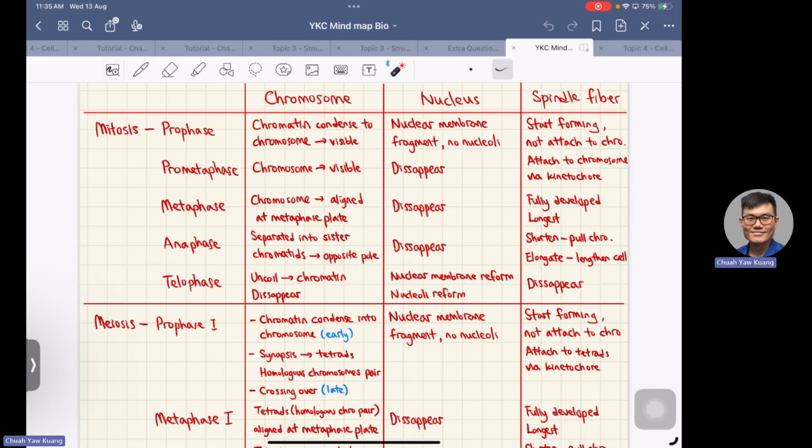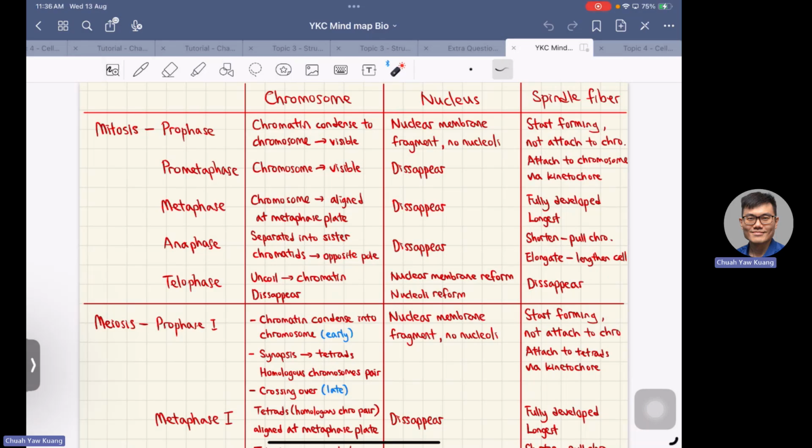When you revise, you draw the table properly and write properly. If you can finish the table without referring to anything and explain it to yourself, that means you are done with all of mitosis and meiosis. You understand the whole thing.